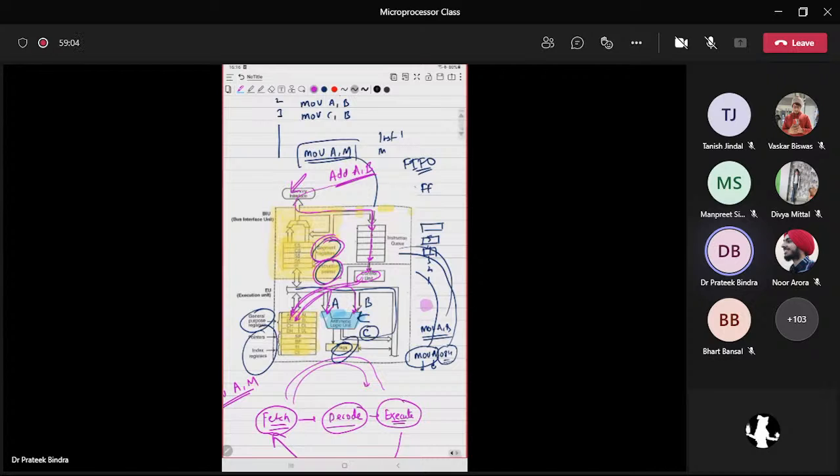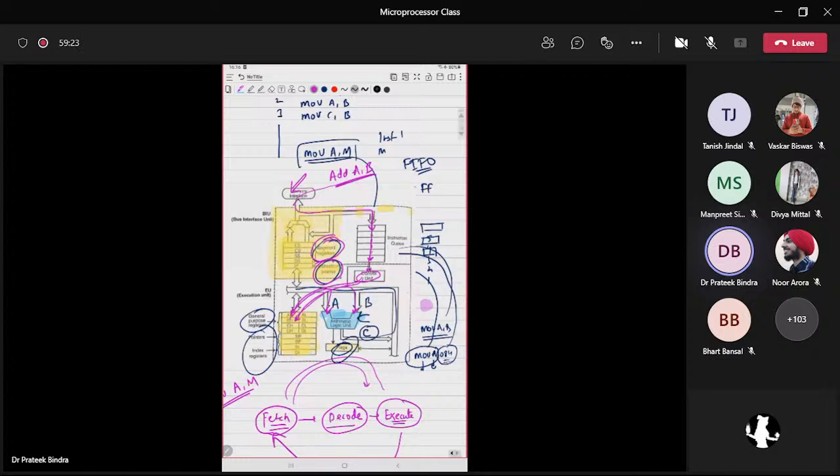Okay, so giving basically means now copying. The A and B values will now behave as operand 1 and operand 2 to the ALU, and then your ALU will get the data, that means the content of your A and B registers, and the ALU simply adds these two numbers.